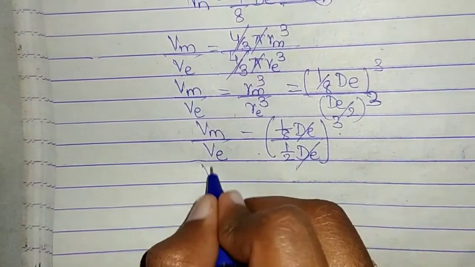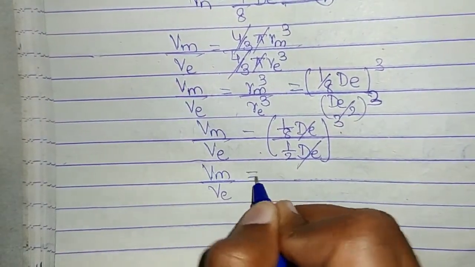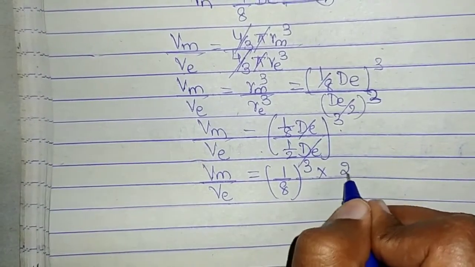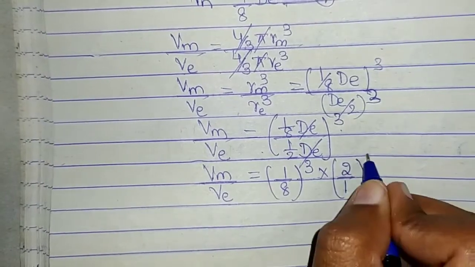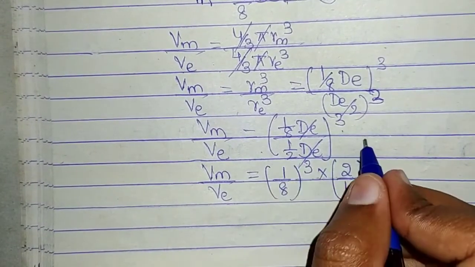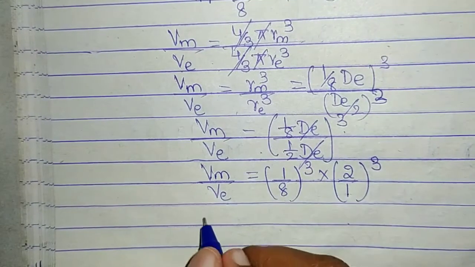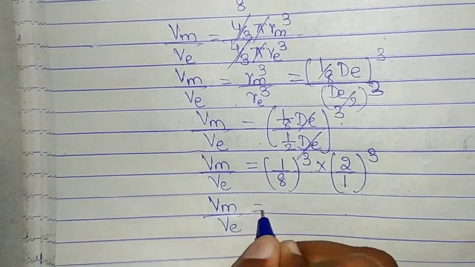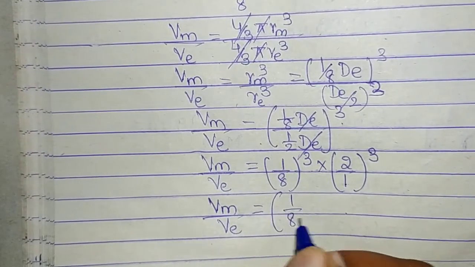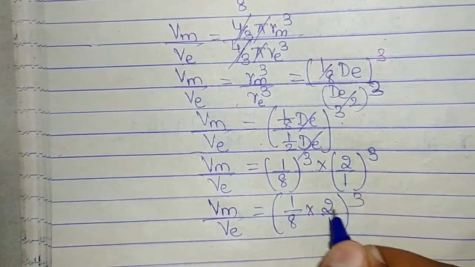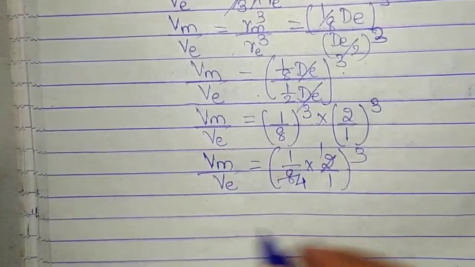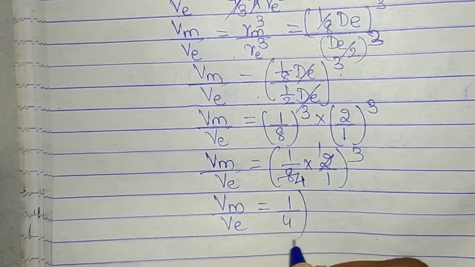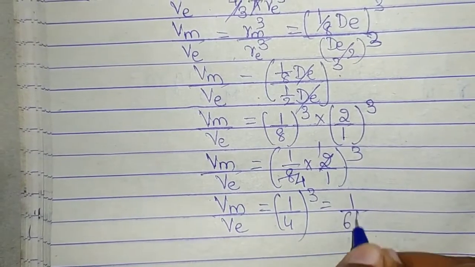What is left is Vm upon Ve, which is equal to 1/8 into 2/1, whole cube. 1/8 into 2 is 2/8, that is 1/4. So Vm by Ve is equal to 1/4 whole cube, which is equal to 1/64.